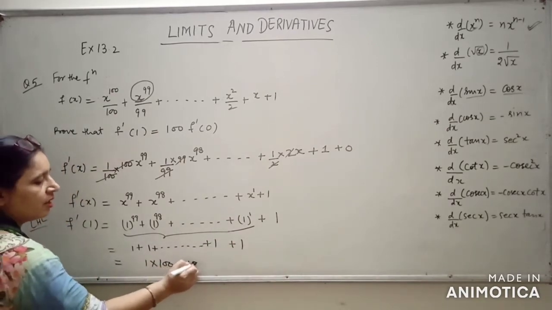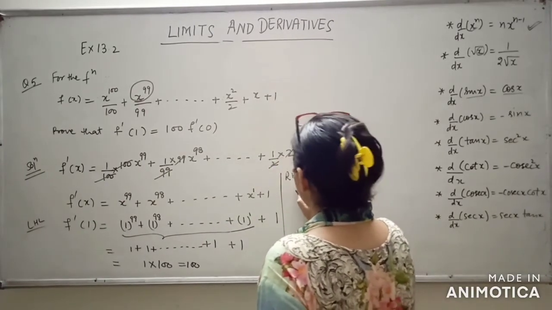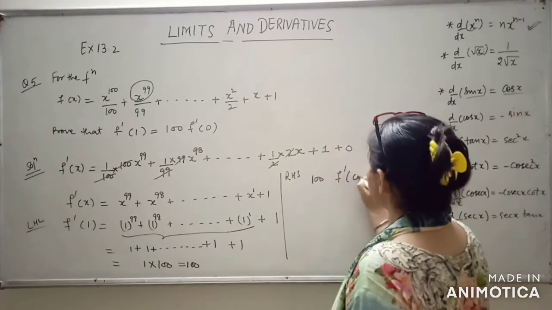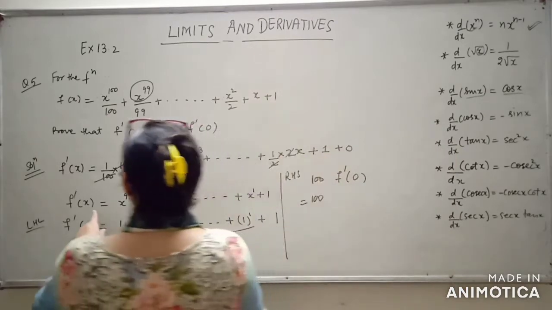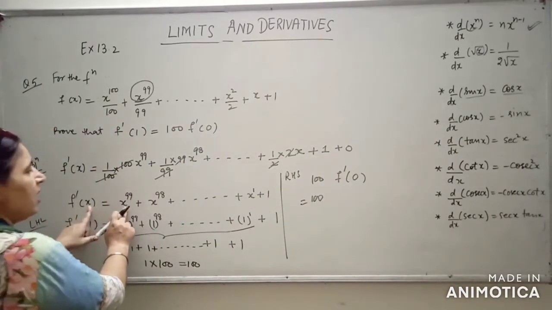So the answer is 100. Now come to your right hand side. Here we are to find out 100 times f dash 0. So wherever there is x in this f dash x, we will replace it by 0.